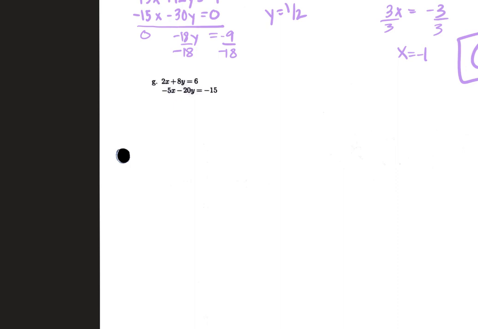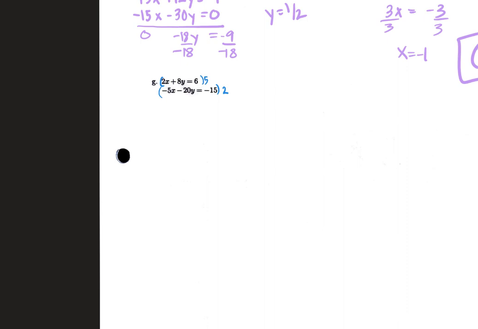There we go. All right, let's look at G. We have our last problem here. I'm going to take that. Oh, we're going to have to multiply multiple things here. So I'm going to multiply this top one by 5 and this bottom one by 2 to get my x's to go away.